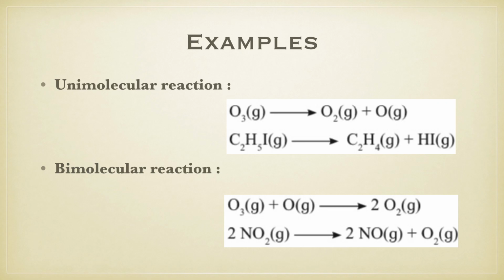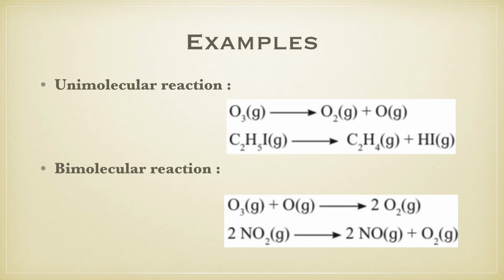Next one, talking about bimolecular reaction. The reactant molecules should be 2 over here. So the reaction O3 plus O going to 2O2. The molecularity is 2 over here, as the reactant molecules are 2. Similarly, the next one, 2NO2 going to 2NO plus O2.